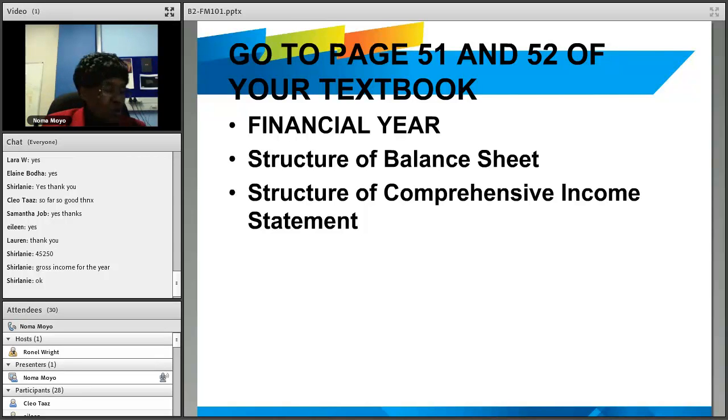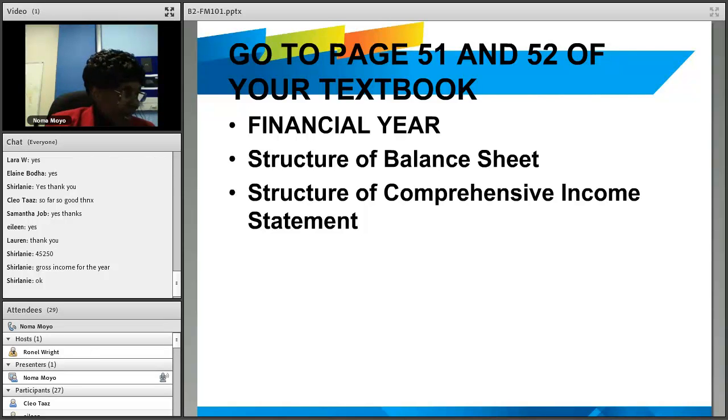The difference between sales and cost of sales is called gross profit. Here we have sales of 135,000. These goods had cost you 90,000, so 135,000 minus 90,000 gives you a gross profit of 45,000.